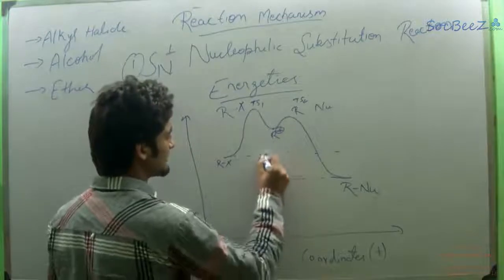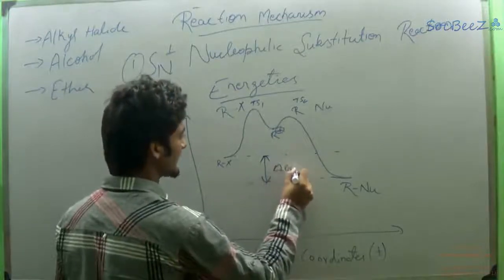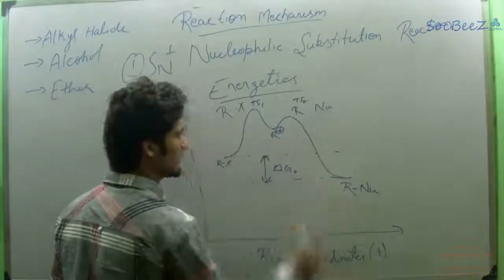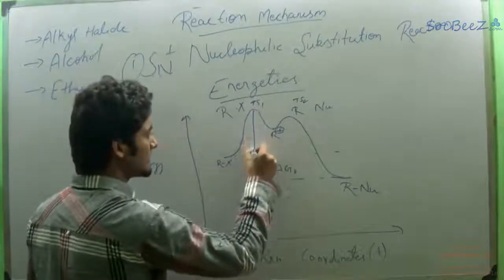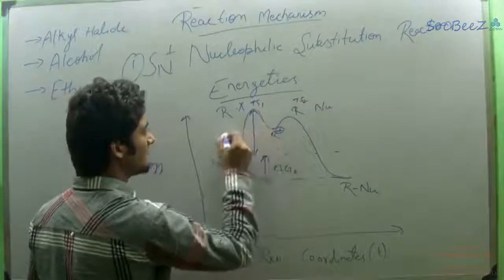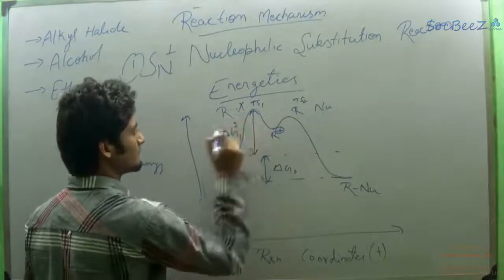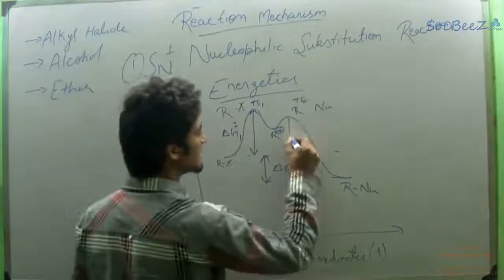This is delta G of the reaction, that is the energy difference between reactant and final product. These can be considered as the energies of activation, delta G1 and delta G2.